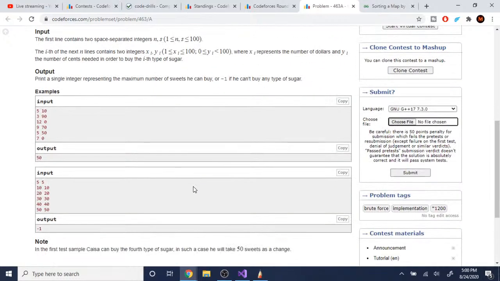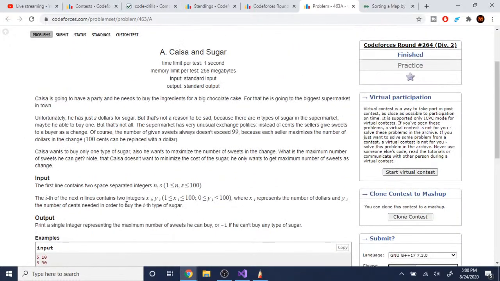Okay, we're back to doing this. So we have a party. We have ingredients. Unfortunately, he has S dollars for sugar, but that's not a reason to be sad because there are N types of sugar. Maybe he'll be able to buy one, but not all. The supermarket has very unusual exchange politics.